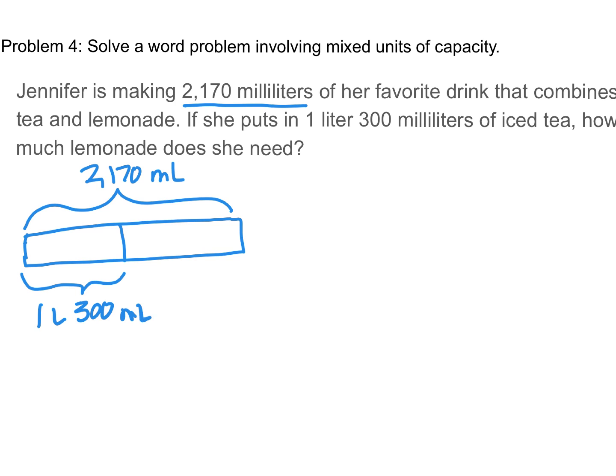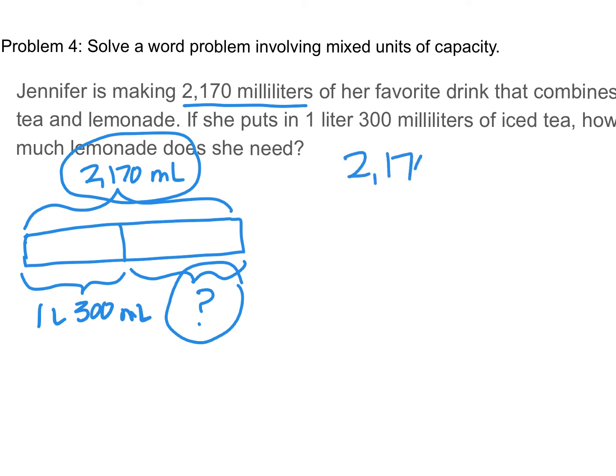So we've got to figure out, how much lemonade does she need then? Because we want it to add up to 2,170. Since we have our total up here, that tells us that we need to subtract because we're missing a portion of it down below. So we're going to take our 2,170 milliliters, and we're going to subtract 1 liter, 300 milliliters.